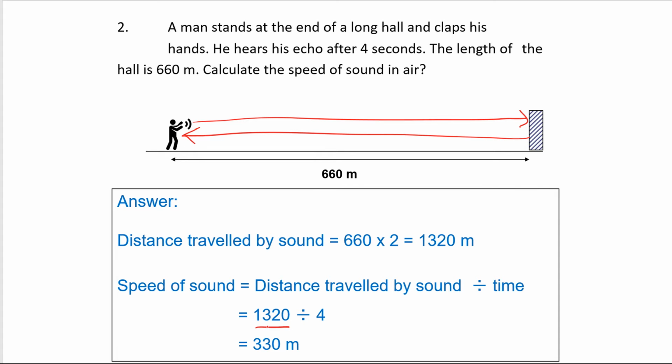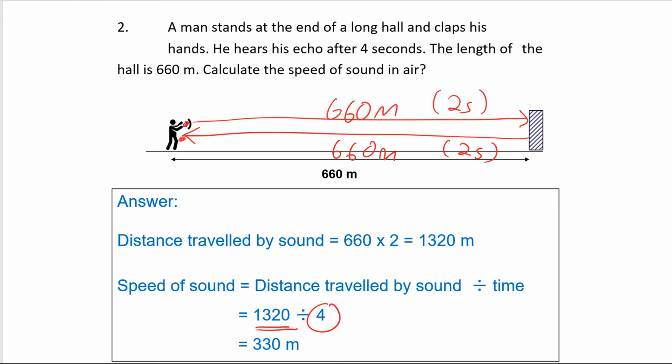So this is the total distance, right? 660 meters plus 660 meters. So the total distance is 1320, and you can divide by the time. The total time is 4 seconds because remember, 2 seconds to travel to the wall, 2 seconds to come back. So after the sound is produced, 4 seconds later you hear the sound. So total distance divided by the total time taken.